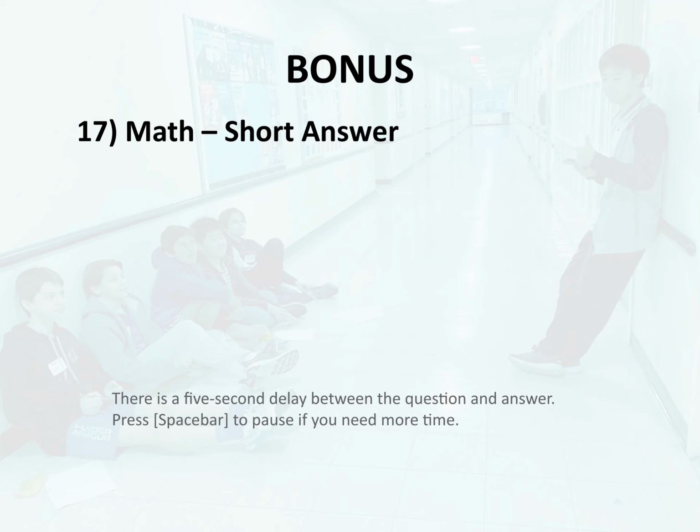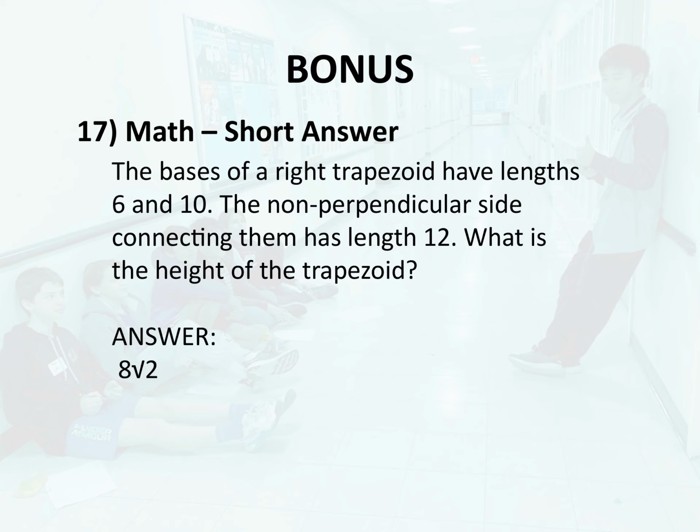Math, short answer. The bases of a right trapezoid have lengths 6 and 10. The non-perpendicular side connecting them has length 12. What is the height of the trapezoid? Answer, 8 square root of 2.